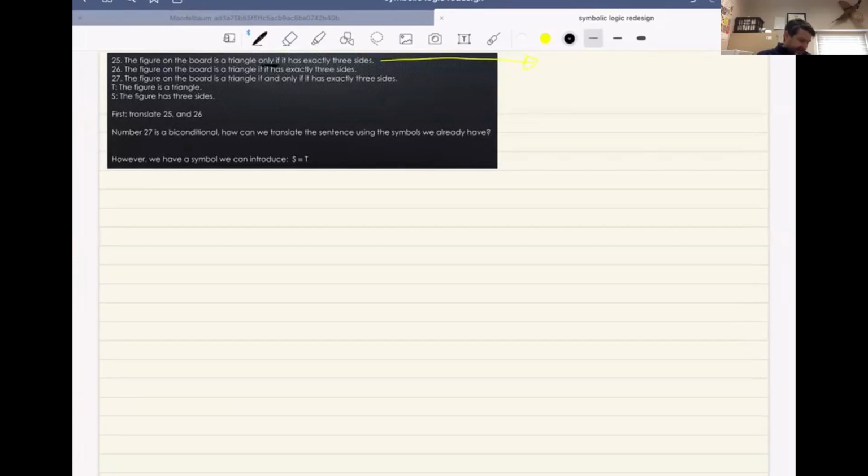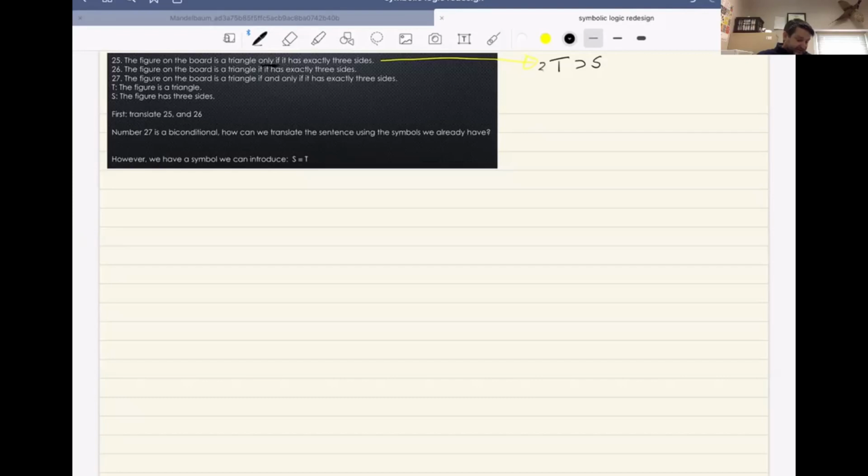Remember, "the figure is a triangle" is going to be interpreted as T. "The figure has 3 sides" is going to be interpreted as S. So "only if" identifies our consequent, and this sentence is symbolized by: if T, then S. If it's a triangle, then it has 3 sides. Because "only if," again, identifies the consequent of our conditional.